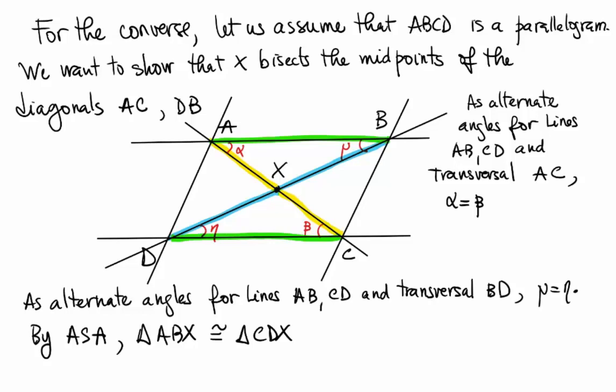Okay, so you can see here that the triangle ABX is congruent to the triangle CDX by ASA, angle, side, angle. Right, and we know that this is true because eta is equal to mu, beta is equal to alpha, and side CD is equal to AB.